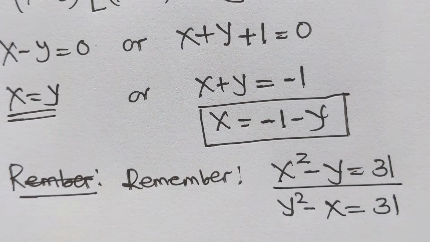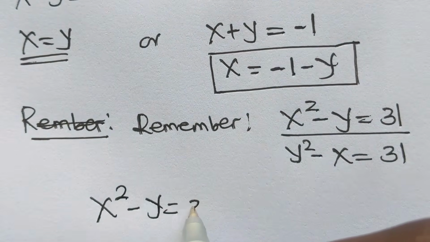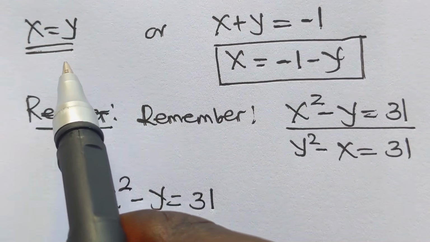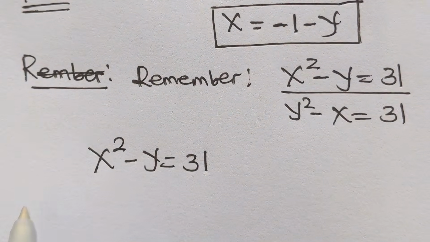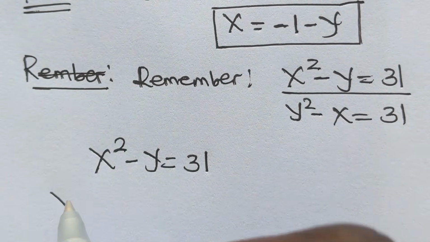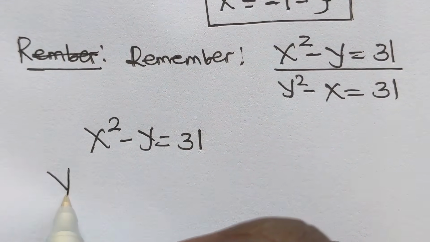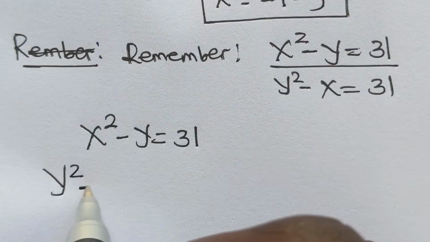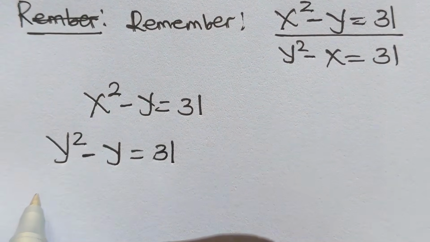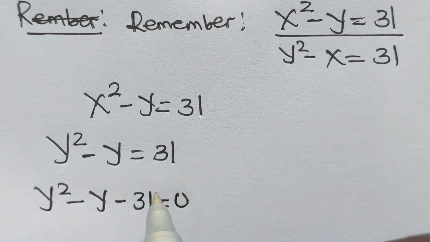We're going to choose this equation only, x squared minus y equals 31. Starting from x equals y, this one will be y squared minus y equals 31, and of course y squared minus y minus 31 equals 0.